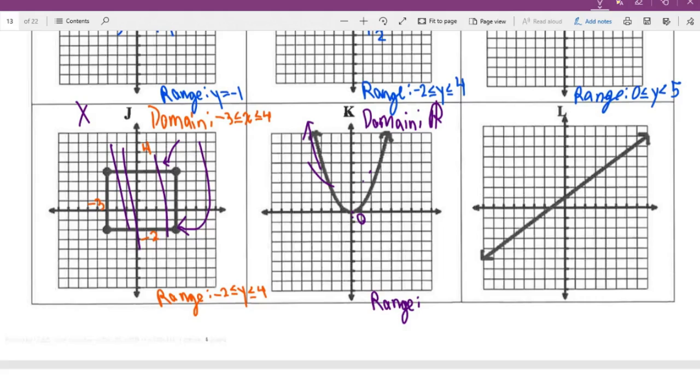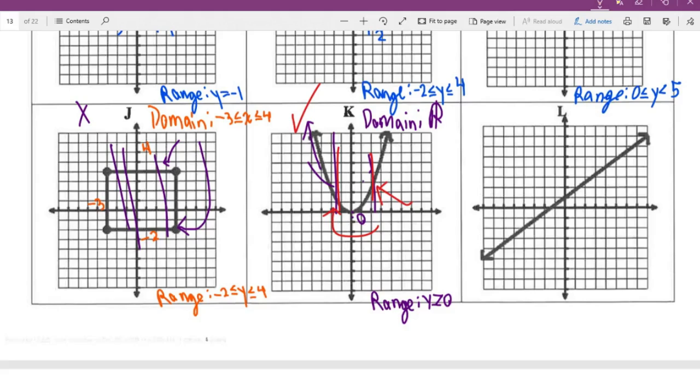So that means that y is greater than or equal to 0. And our vertical line test, it does pass because our lines only touch graph K at one point. So it is a function.